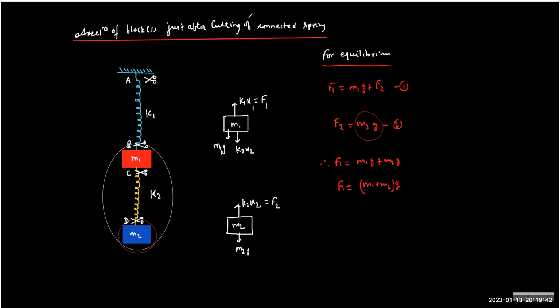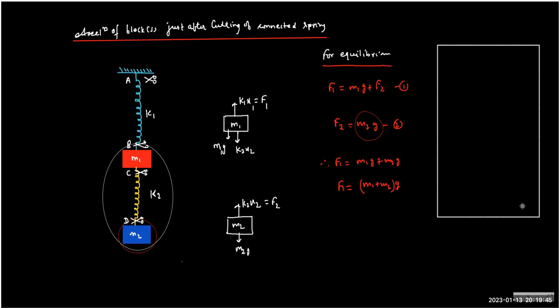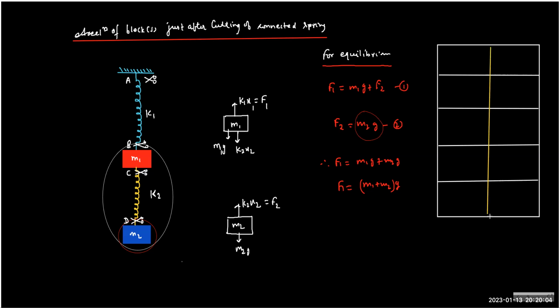So let me make a table. Let's call this M1, this M2, and A, B, C, D.